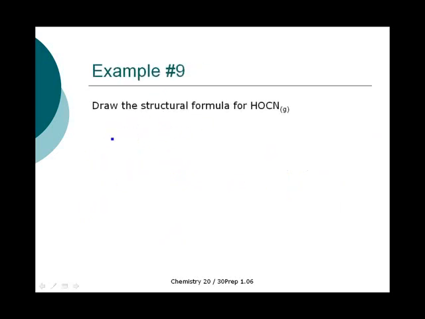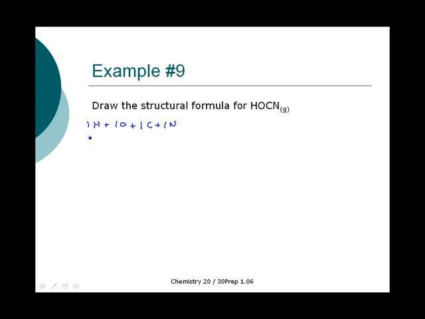We'll draw another structural formula here, HOCN. So we have a few atoms here. We have 1 H plus 1 O plus 1 C plus 1 N. So now we're going to count the electrons.